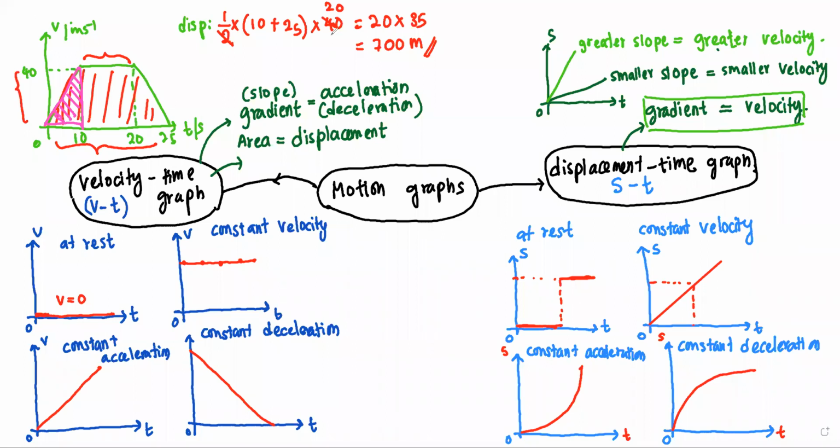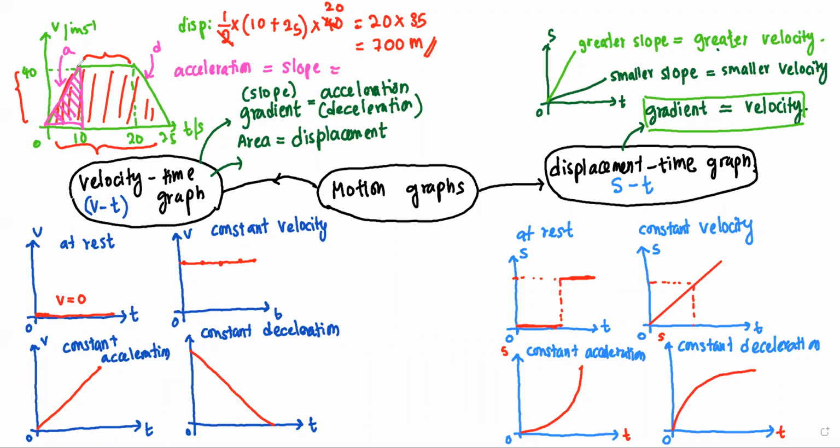At the same time, if they want you to find the acceleration of the graph, this is a part where it accelerates, and this is a part where it decelerates. So the acceleration is the slope or the gradient of the graph.